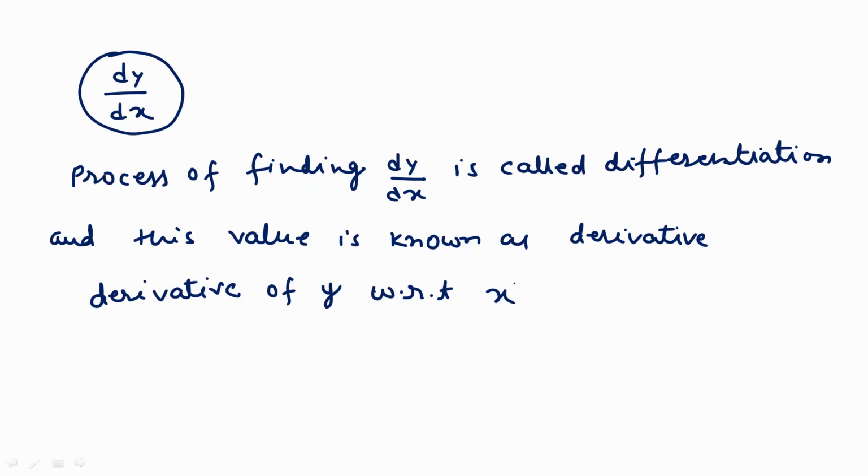The process is known as differentiation and the value is known as derivative, and some people also call it differential coefficient.